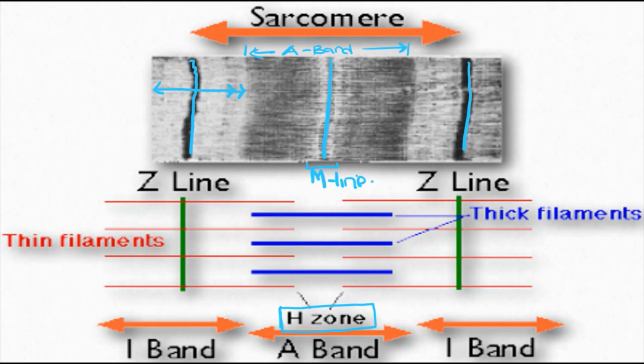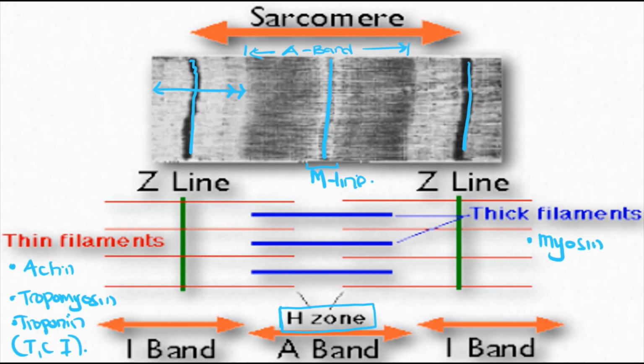Remember what we said. In thin filaments, there is F-actin, there is tropomyosin, and there is troponin. So these are the types of proteins that are found in thin filaments. There are three types of troponin: troponin T, C, and I. Thick filaments, the type of protein that you find there is myosin.